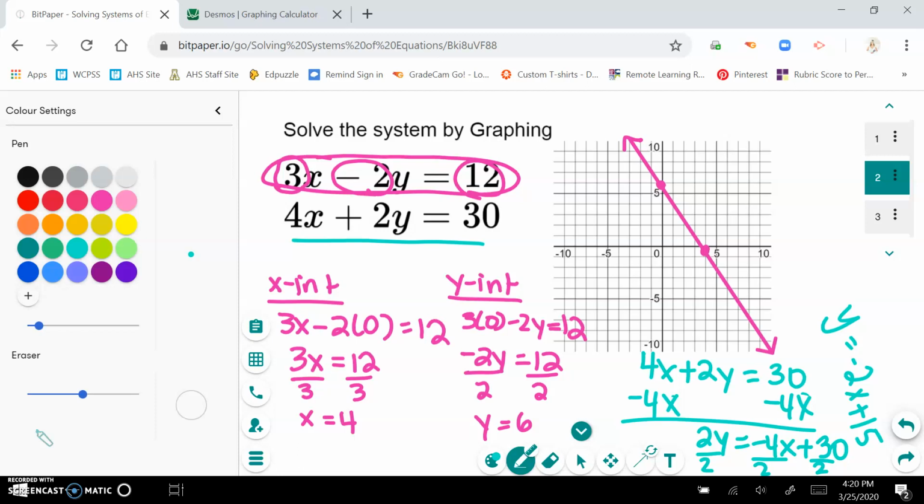So at 3, I can go up to 9 and then go down 2, over 1, and keep going down.